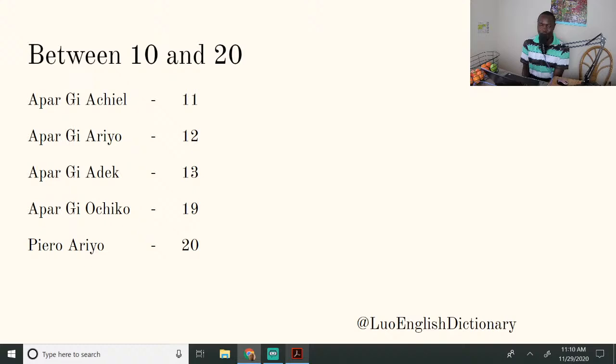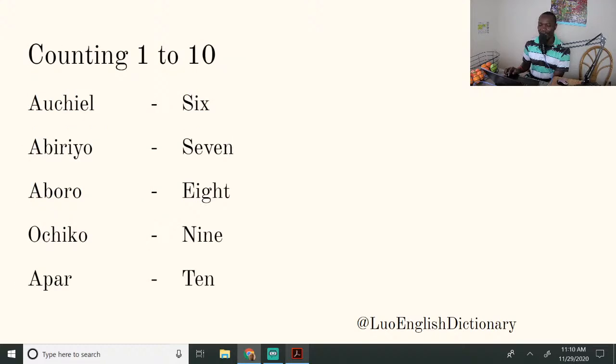Apar gi achiel. Apar gi ariyo. Apar gi adek. So if I go back to my 1 through to 10, it will be apar gi auchiel. Apar gi abiriyo. Apar gi aboro.